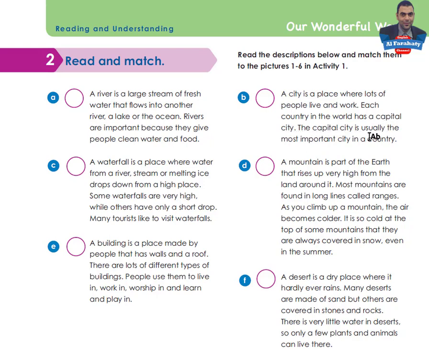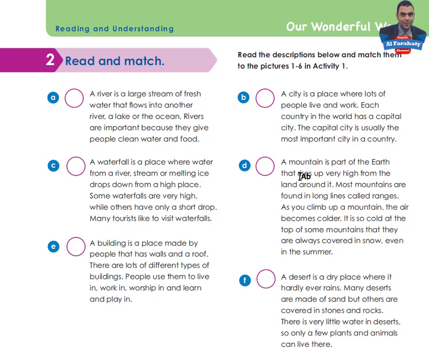The capital city is usually the most important city in a country. C. A waterfall is a place where water from a river, stream, or melting ice drops down from a high place. Some waterfalls are very high, while others have only a short drop. Many tourists like to visit waterfalls.